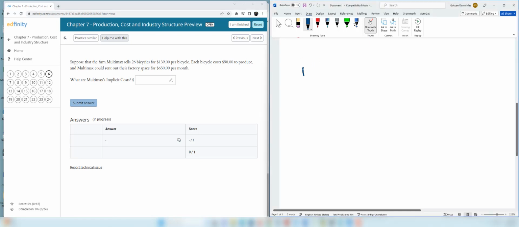So here, explicit cost requires the cash outlay. Therefore, $90 per bicycle, and you need to multiply this by 26, is the amount of explicit cost. In this case, it's 90 times 26, which is 2,340.